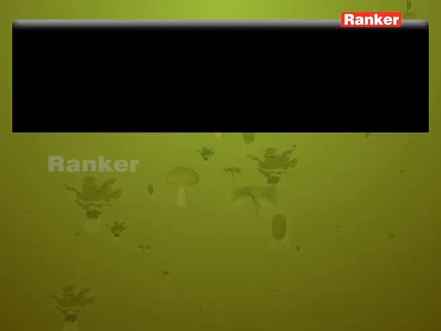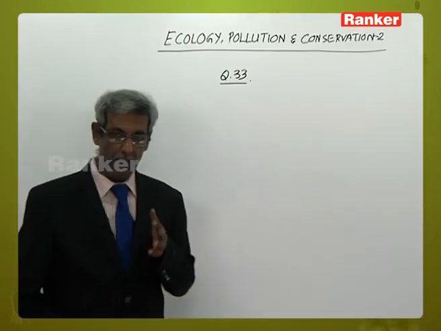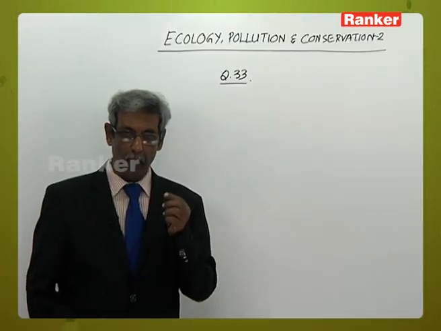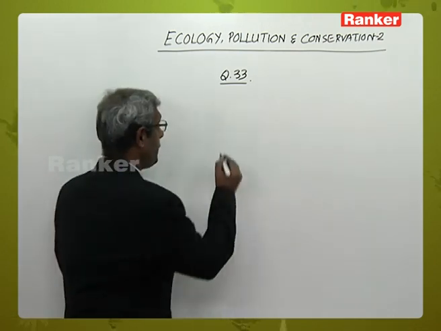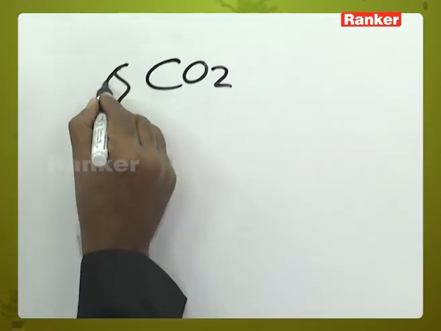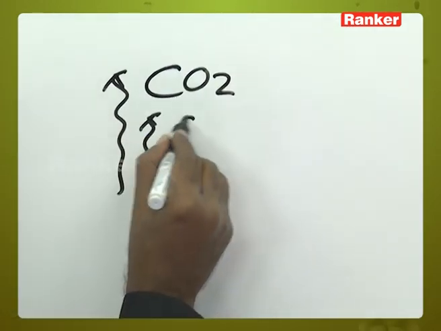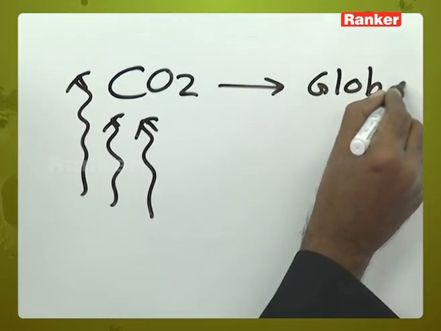Question number 33. Which of the following gases contributes to global warming? A. Carbon dioxide, B. Nitrogen dioxide, C. Carbon monoxide, D. Sulfur dioxide. When you look at the choices, the one single gas which contributes to global warming is the build-up of carbon dioxide. If carbon dioxide gets concentrated in the atmosphere, it results in the formation of global warming.